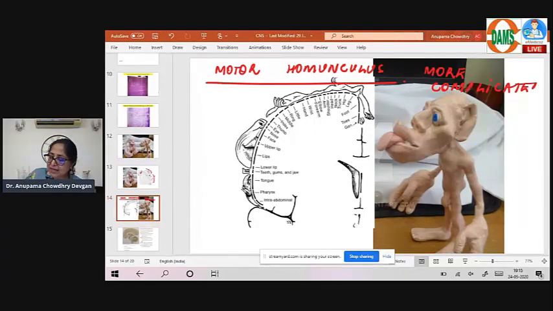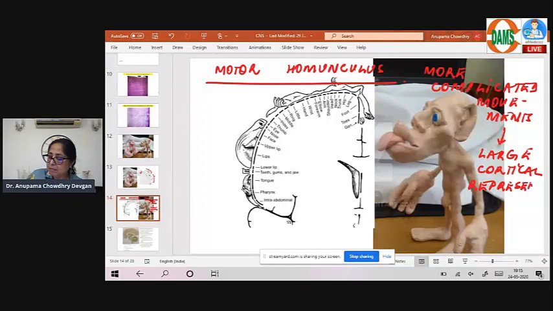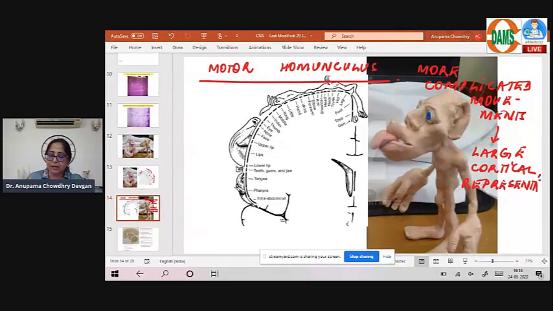So there is going to be a slight difference. They have a large cortical representation, yes?